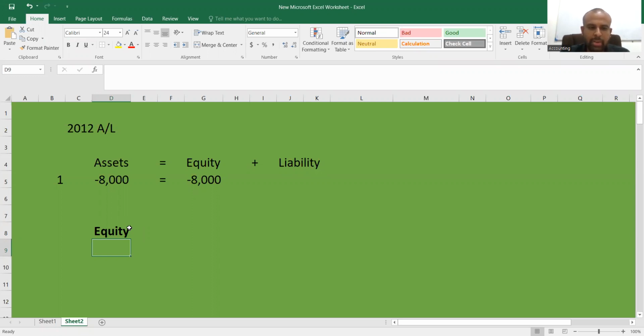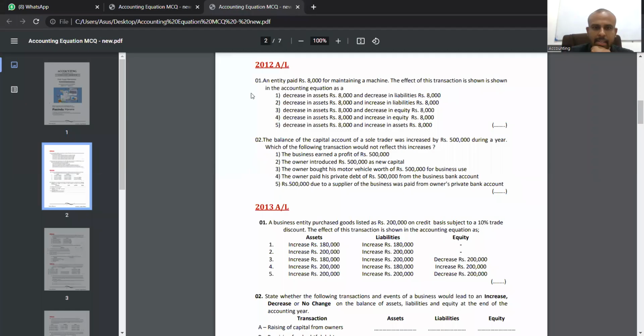Could you tell me what the answer is? Shara says it's the fourth one. How about the others? Aisha also says the fourth one.